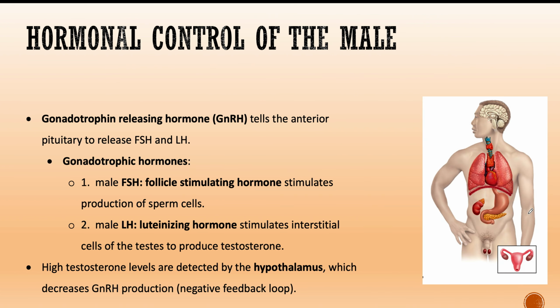Okay, last little bit here we're just going to talk about is the hormonal control of the male. So how and when all of this happens. So we're going to see some old friends here. Way up in the head here, we of course have the hypothalamus and the pituitary.